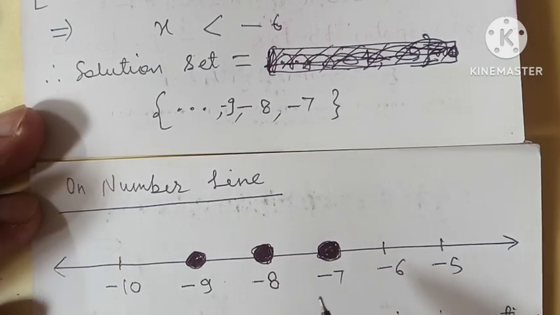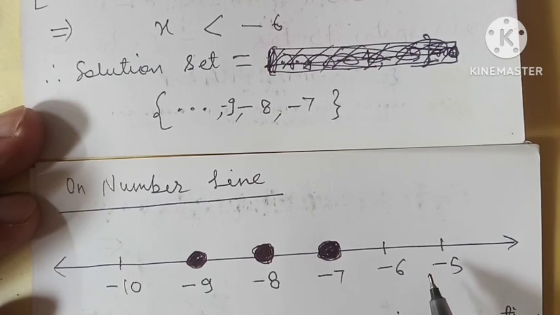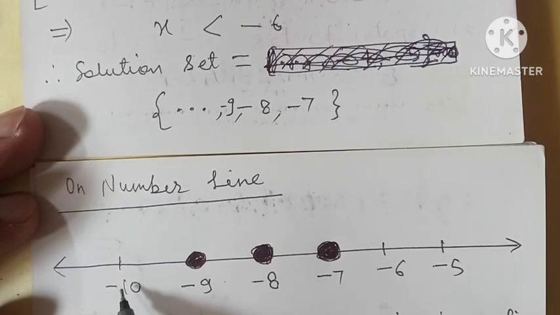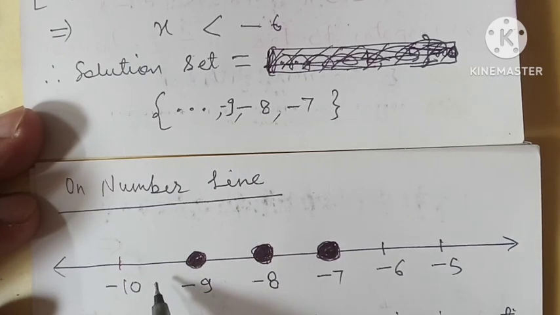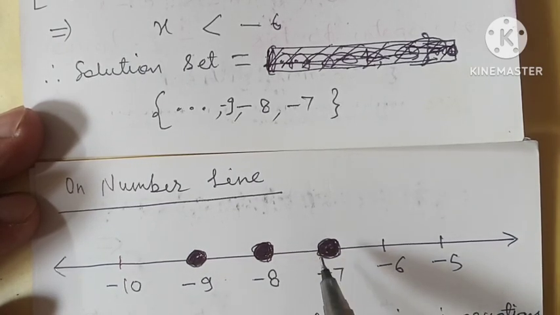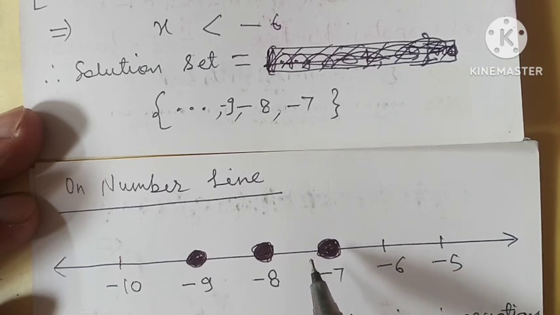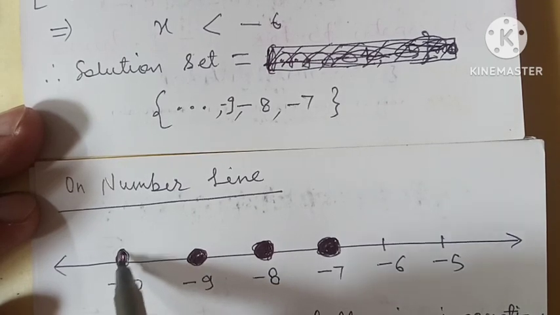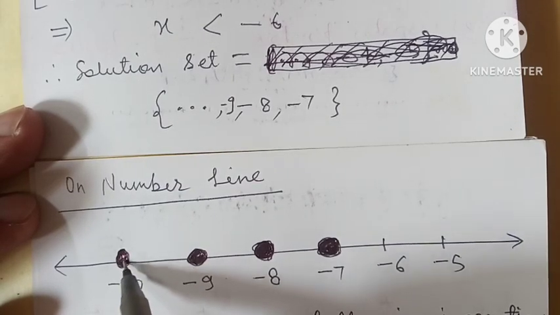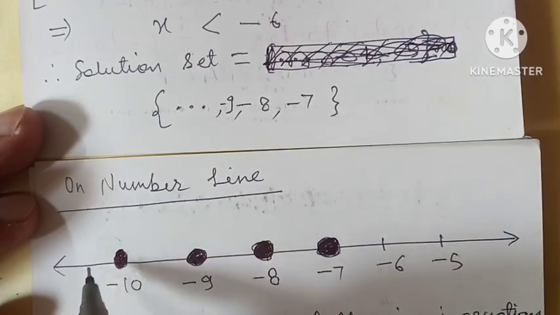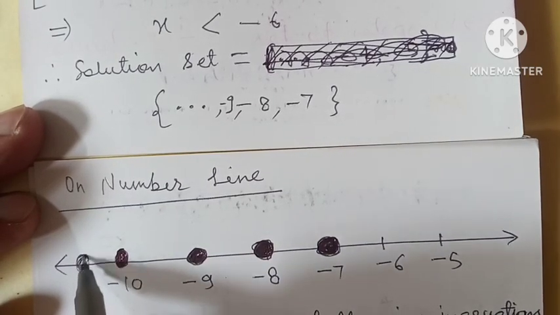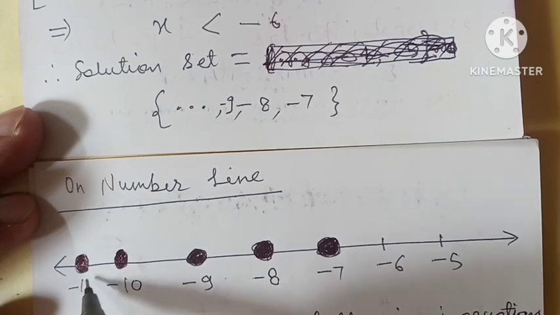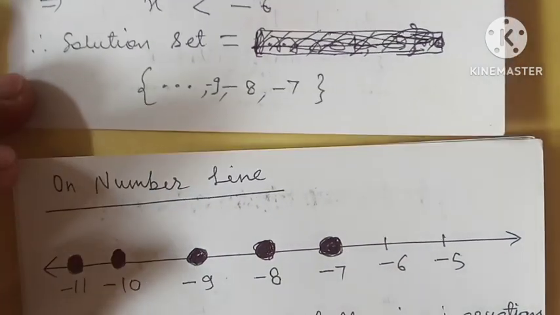Number line contains all possible numbers, so we must show -6, -5, and we must show -10 to the left of -9. -9, -8, -7 will be darkened, and -10 will also be darkened, and whatever numbers possible to the left of -10 will be the answer, because the solution set contains the integers less than -6.